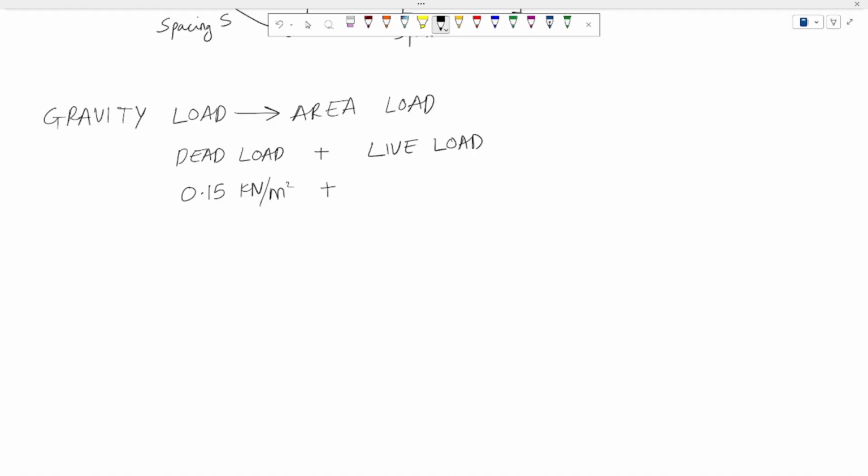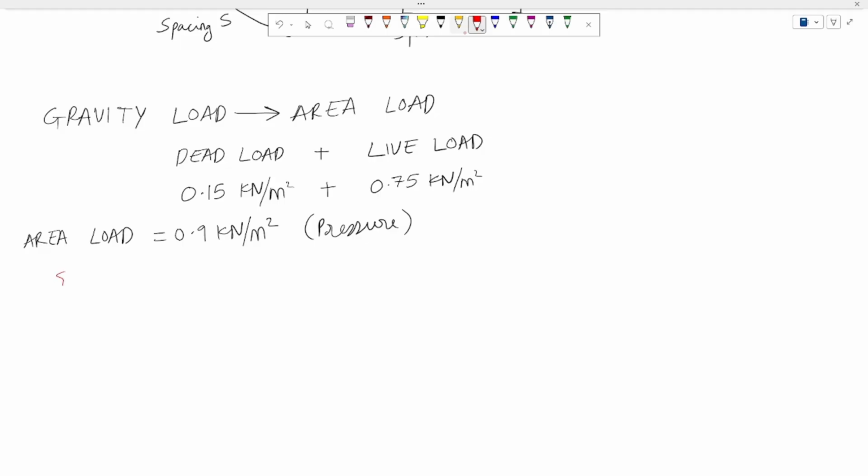Let us consider a live load of 0.75 kilonewton per meter square. So the total gravity load is 0.9 kilonewton per meter square. Total area load on our roof is 0.9 kilonewton per meter square in the form of pressure.